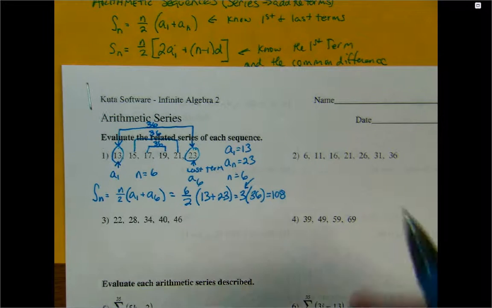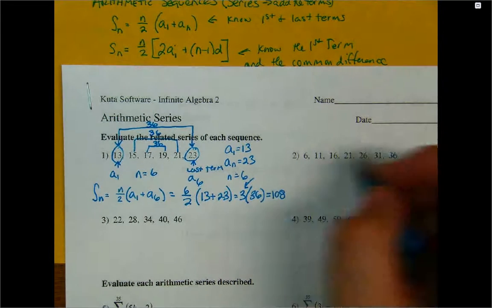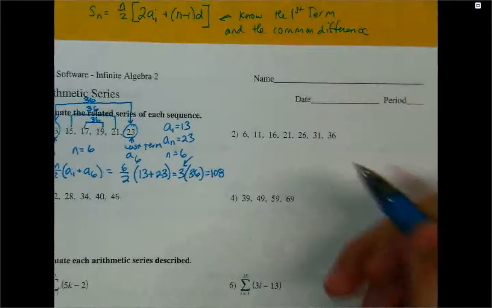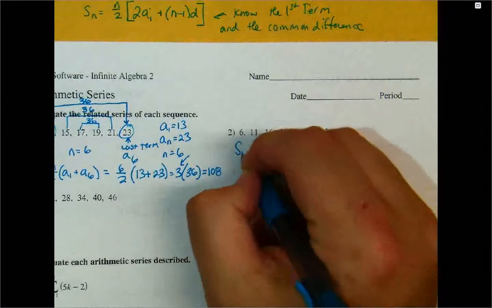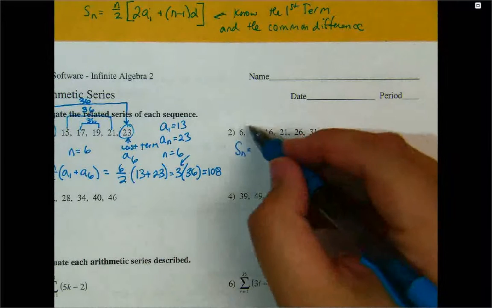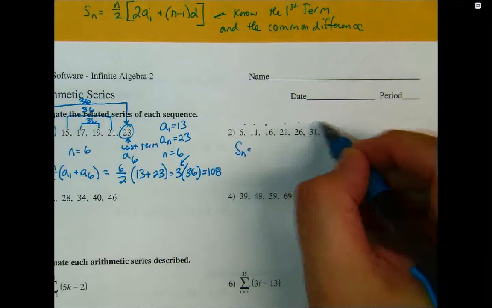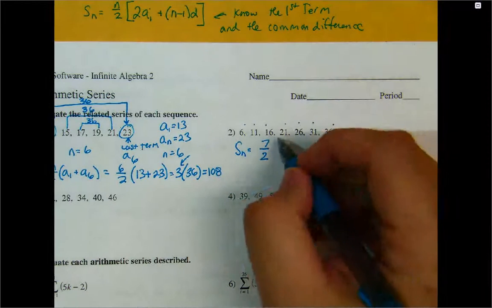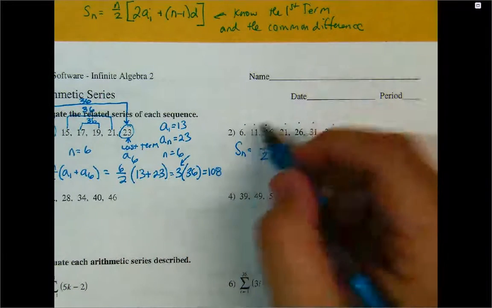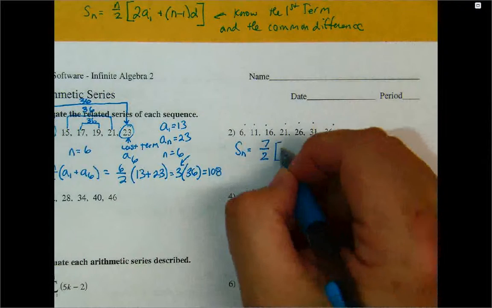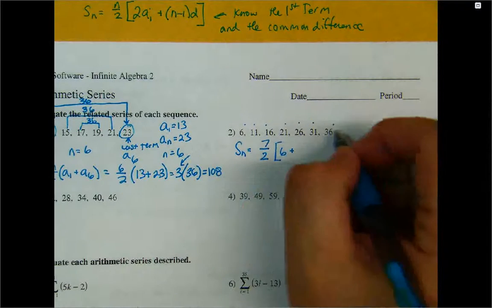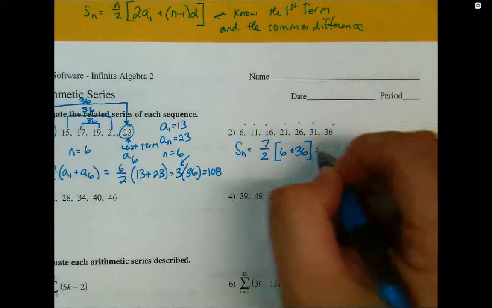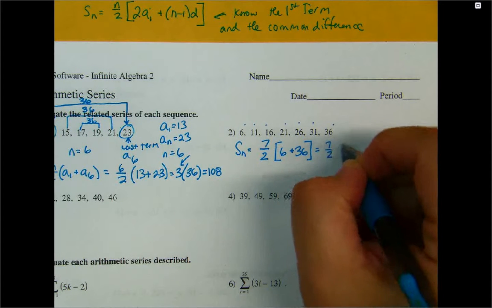Now, what would, for this guy right here, now how many terms are there? 7. So I go 7 over 2. And I need the first term, which is what? 6 plus 36. So this is going to be 7 over 2 times 42.